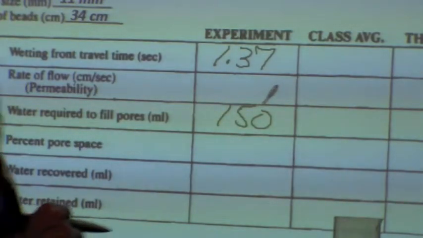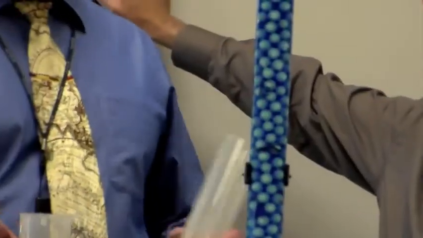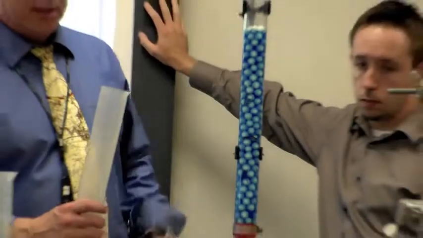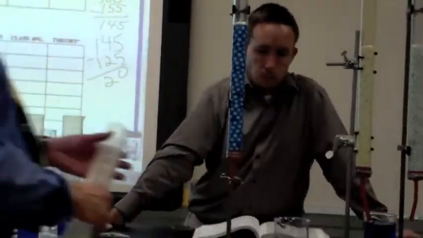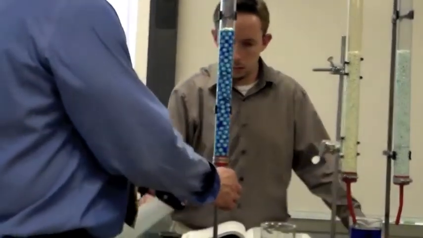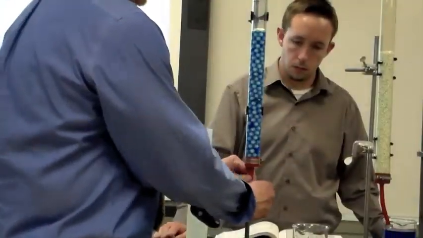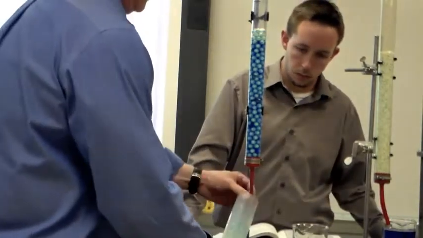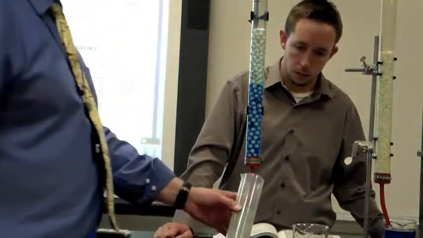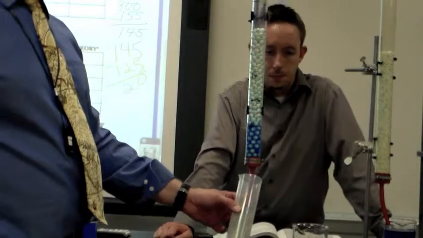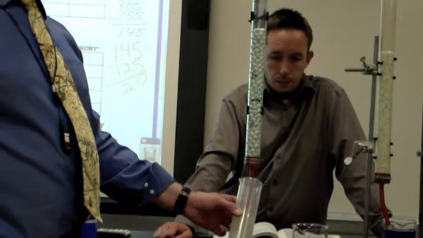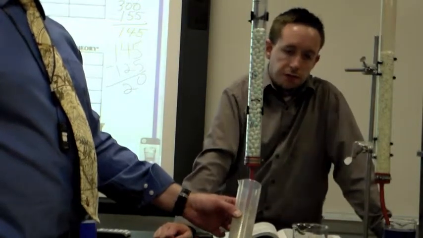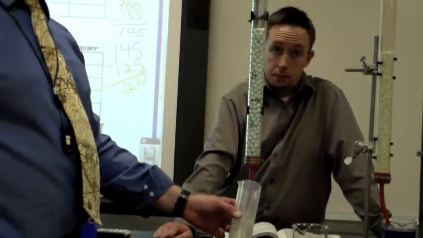Okay, now let's see how much water we recover. From our 150, what are we getting back? Here we go. Notice how quickly it drained? Just exactly like the wetting front travel time.